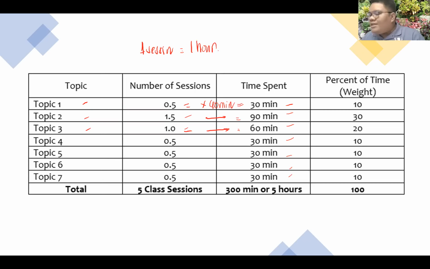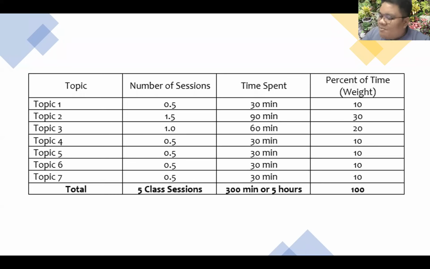Now, here's the more important thing that you need to be able to know how to compute. Yes, I will be asking you to compute in your respective examinations because you need to know how to develop a TOS. So class, if you would look at this percent of time, this refers to 10%. Paano po natin nakuha yung 10%?